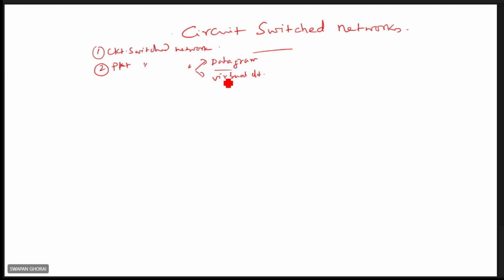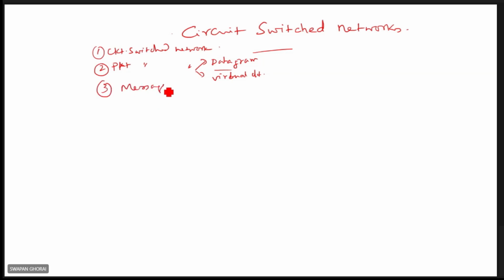In each approach, there are some advantages and disadvantages, and those are most important. Depending upon their characteristics and on the application, the different approaches can be used. So that is packet switch network, and the third one is message switch networks that we have seen.